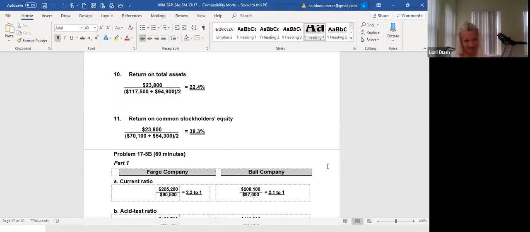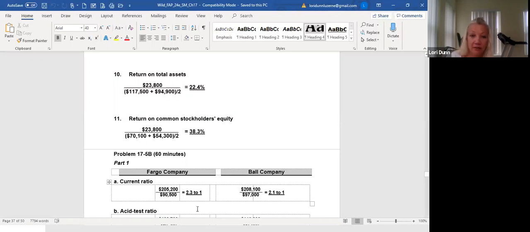Anyway, so our current ratio for Fargo means they have $2.30 in current assets for every dollar of current liabilities this year. Their competitor, Ball Company, has $2.10 of current assets to pay $1 of current liabilities.